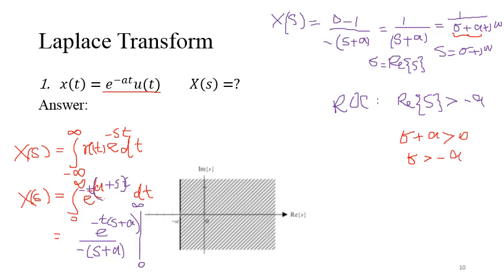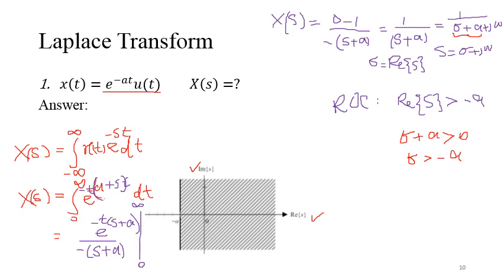So for all those values of a for which this relationship holds, this will converge, and we'll plot this on the complex plane. On the x-axis we have the real part, and on the y-axis we have the imaginary part of this signal.